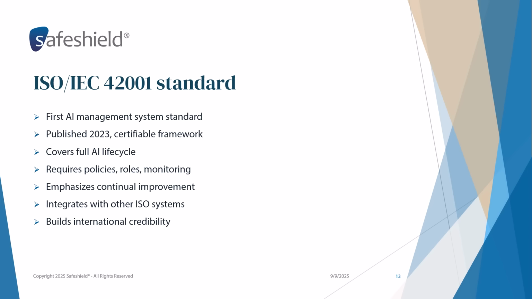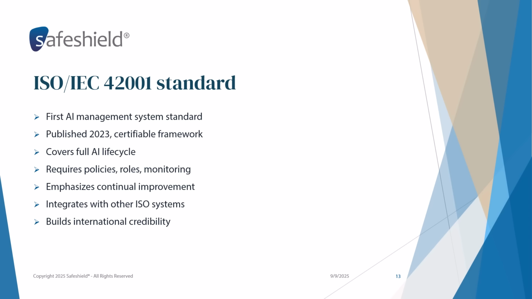Importantly, ISO 42001 is certifiable, meaning organizations can undergo independent audits to demonstrate compliance and build credibility with regulators, customers, and partners. The standard emphasizes continual improvement, requiring organizations to monitor, evaluate, and adapt their governance practices as technology and risks evolve. It also encourages integration with other management systems, such as information security or privacy, ensuring coherence across wider governance efforts.